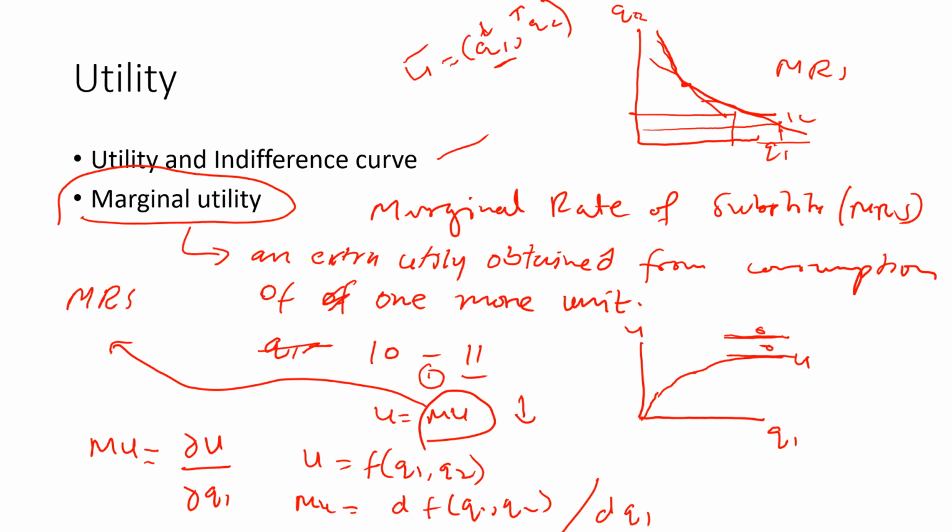Now when we keep the utility constant and we consume more of one good, then we consume less of the other good.